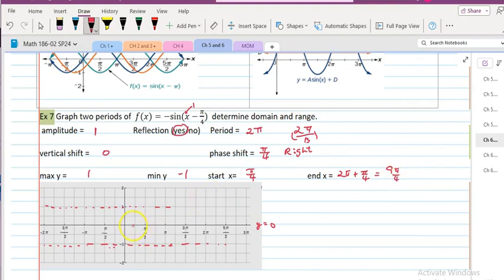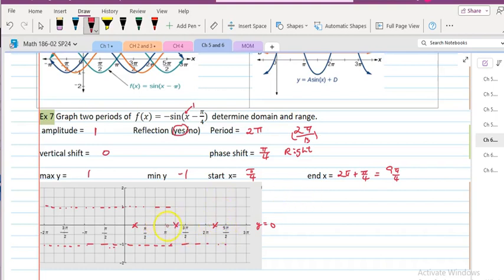So you will say this is pi over 4 for sine. You start. And then what is the middle? This is 10 pi over 4, so this must be 9 pi over 4. So the middle of it would be this one.